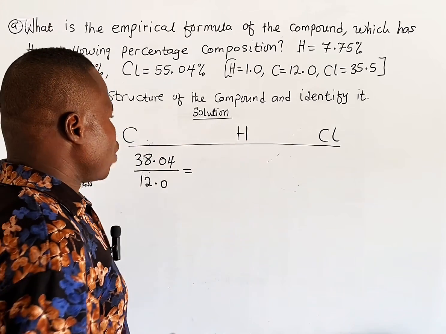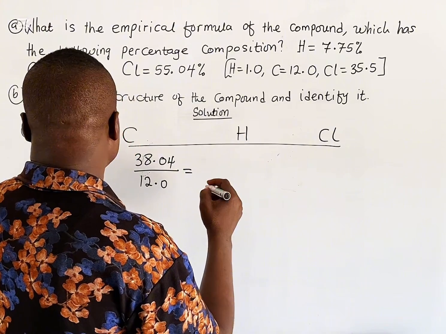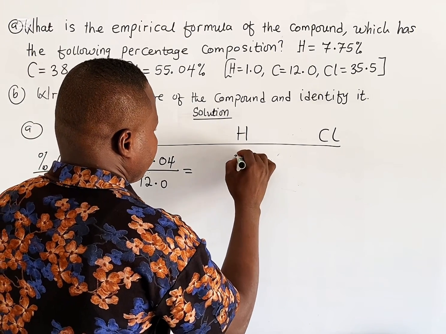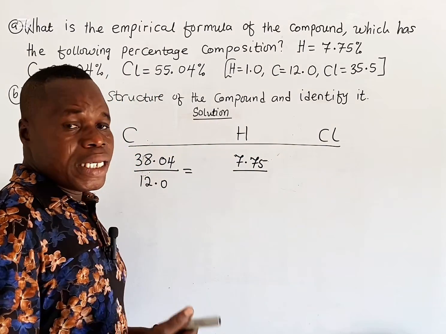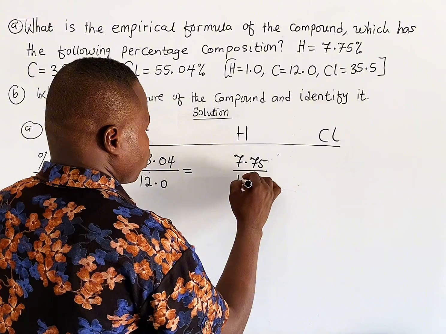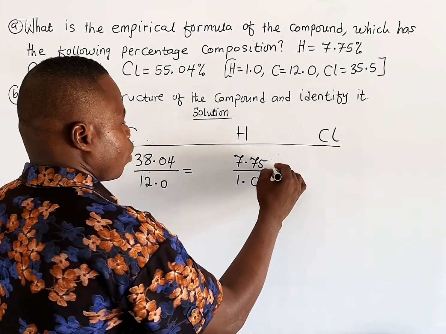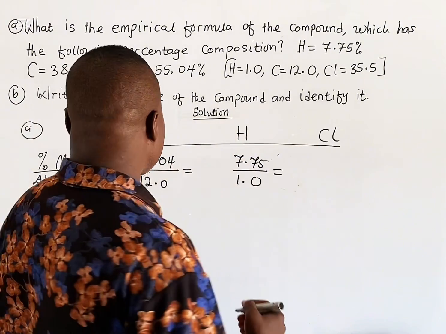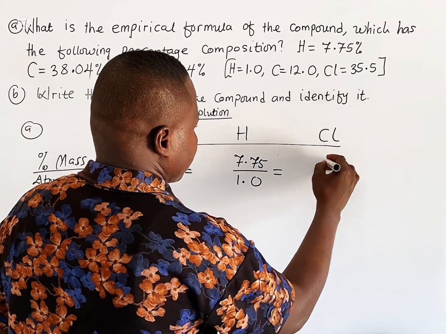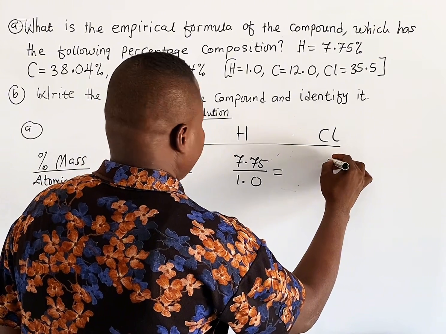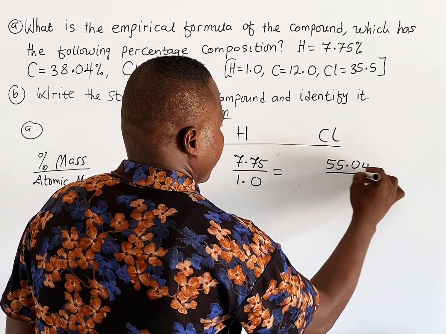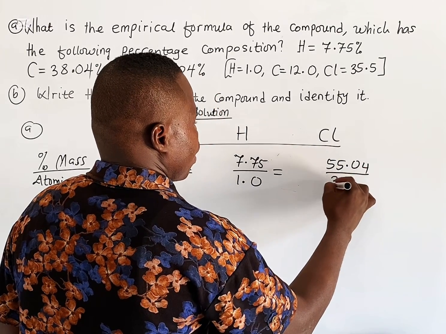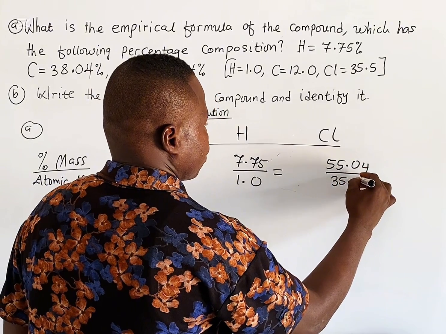I will take hydrogen percentage mass, which is 7.75, and divide by its atomic mass, which is 1.0. Take chlorine percentage mass, which is 55.04, and then divide by its atomic mass.